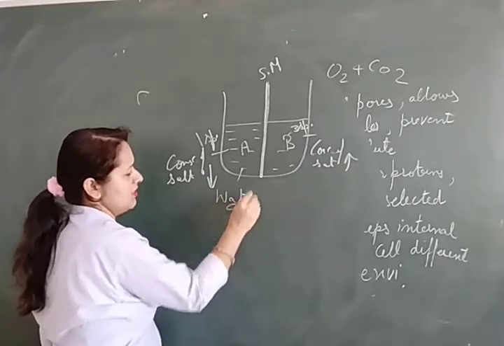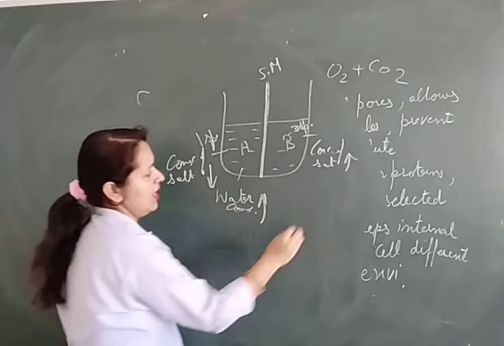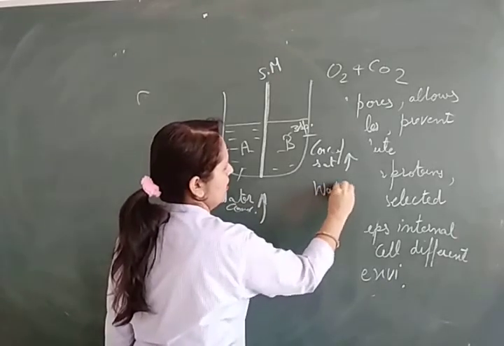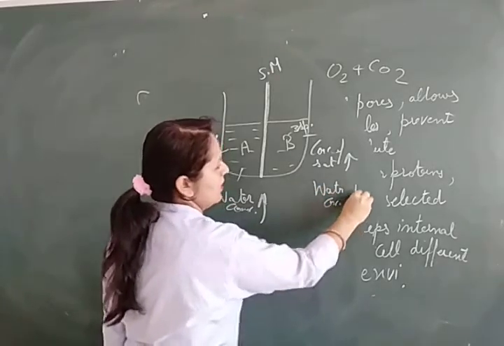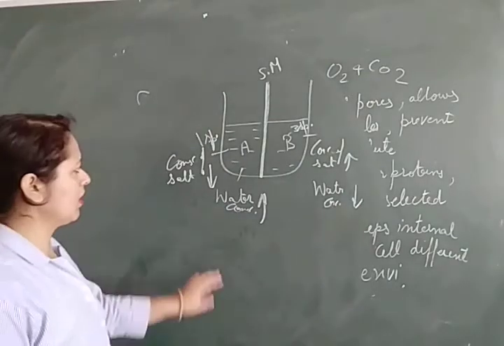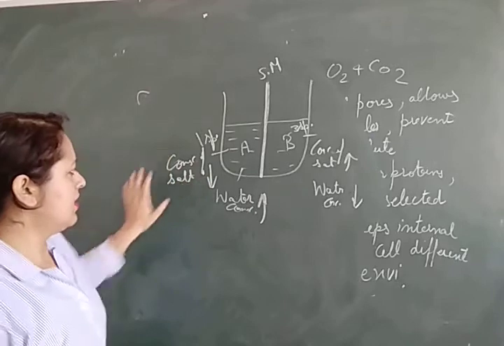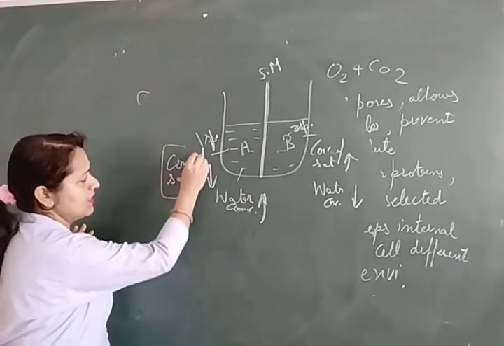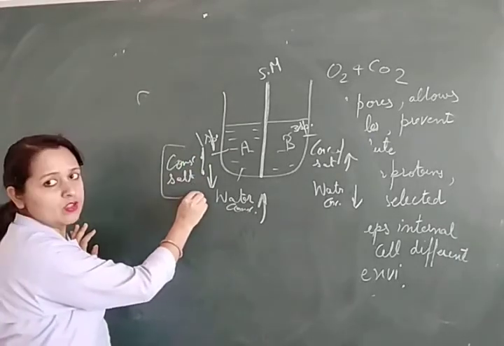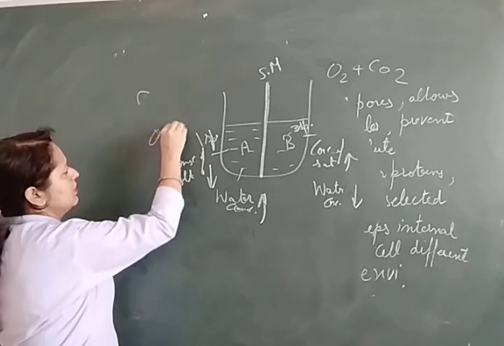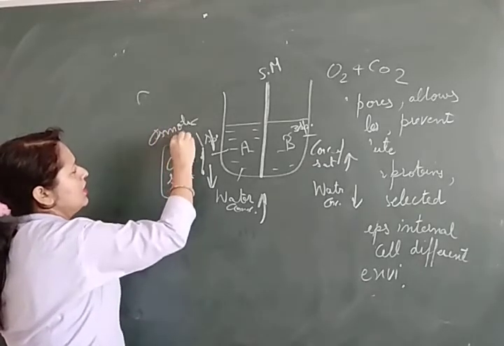Water concentration is high in compartment A and low in compartment B. This concentration of salt is known as the osmotic concentration.